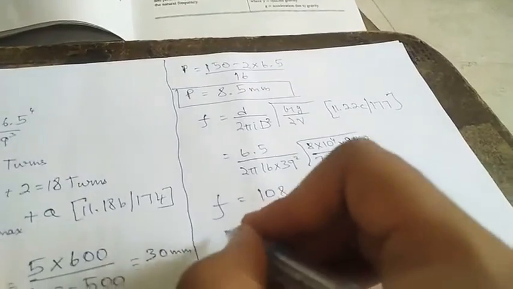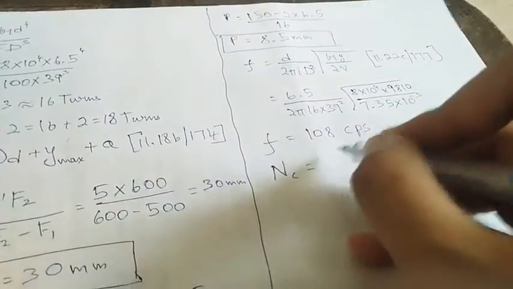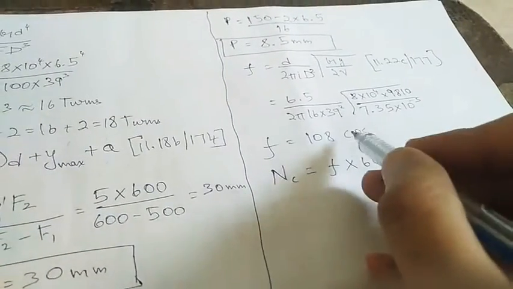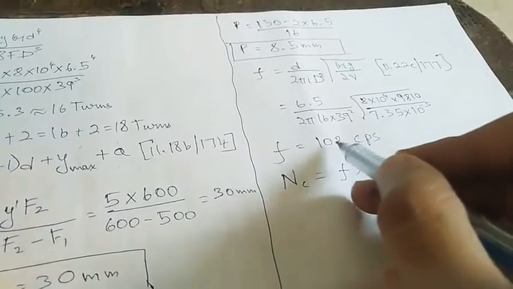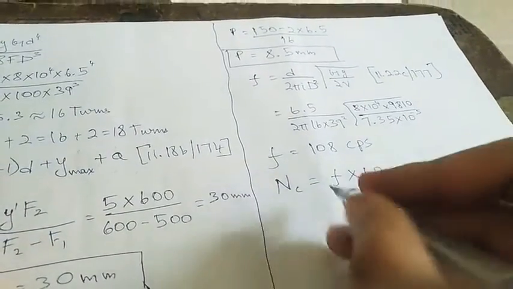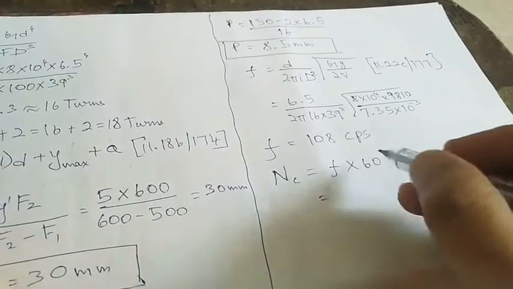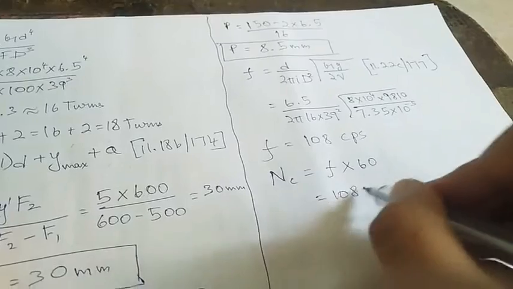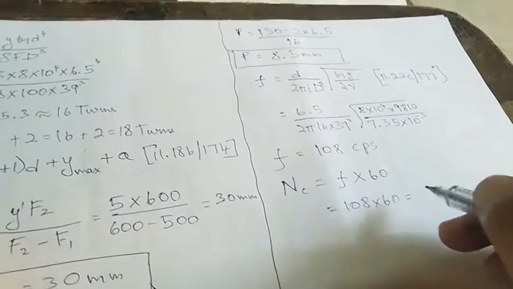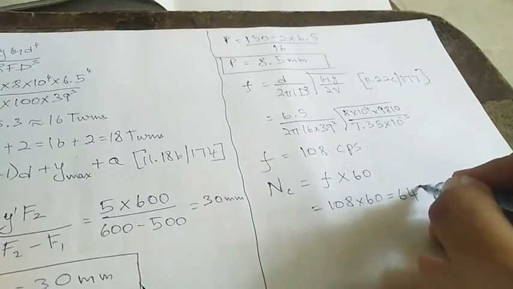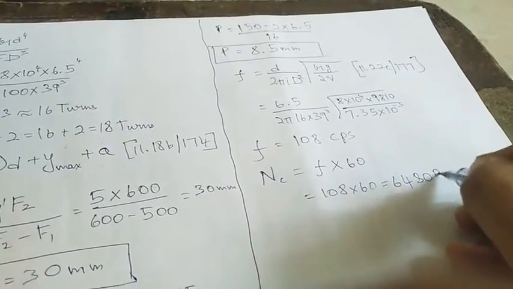So we can take the speed of the engine, the speed of the automobile, as frequency into 60, because this is the number of cycles per second. If we multiply by 60, it becomes per minute, that is rotations per minute. 108 into 60 becomes 6480 rpm.